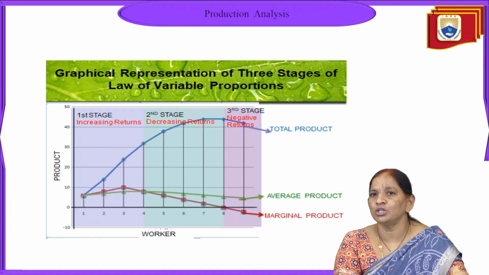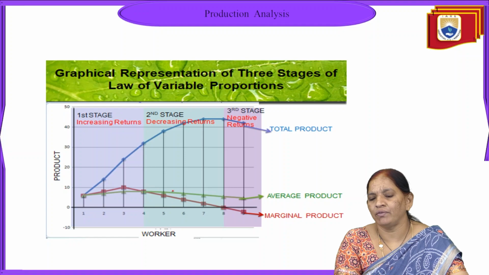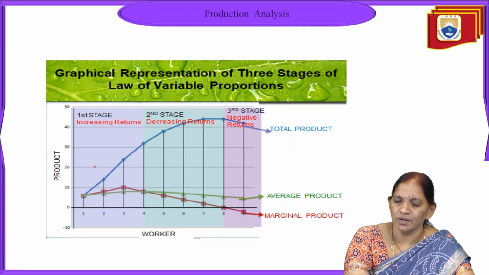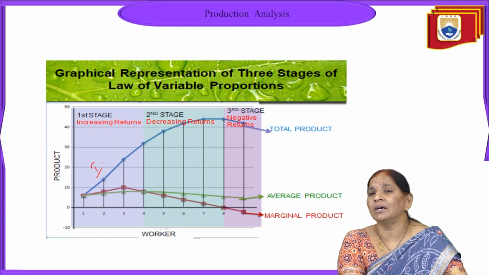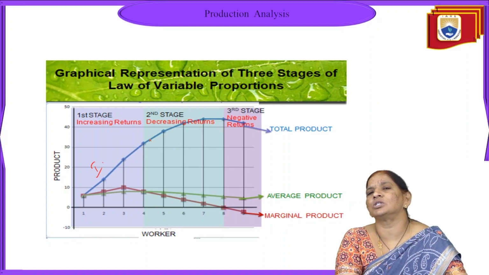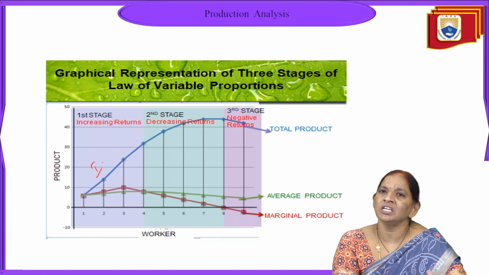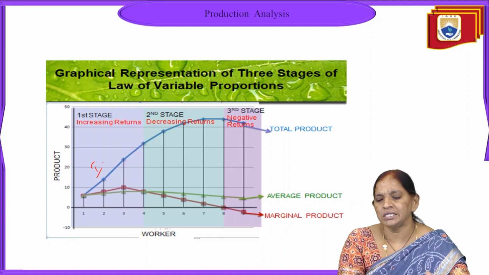In the first stage, total production was increasing, and the marginal production and average production also increased. After that, in the graph we can identify that though we increased more, we come to a constant stage of total production, and we find decreasing returns.